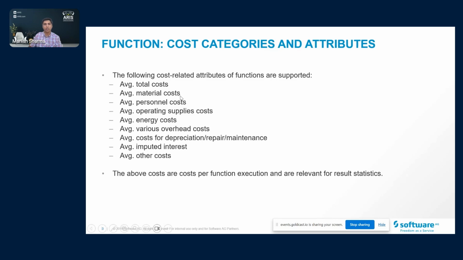Petrol, diesel, gas, whatever else, energy costs, so you have all of these different cost categories which you can fill up, else you can just put a total cost as an average total cost. This is not mandatory, but if you are going to be doing cost analysis, then you perhaps can use these to see what's the costing of the activity as well as the entire process.